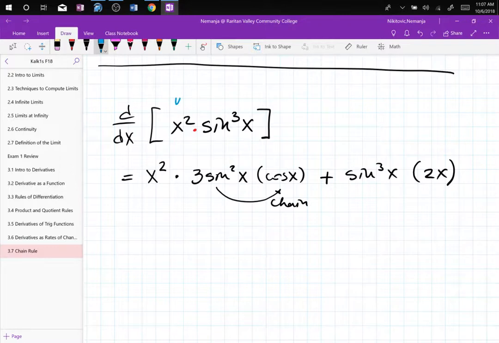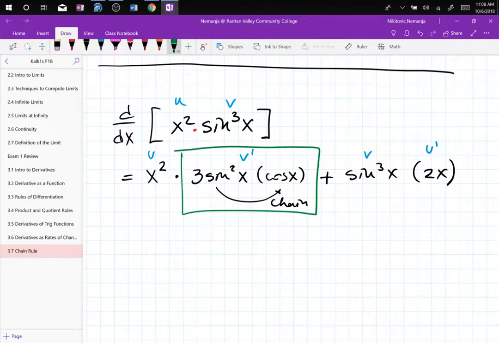I'm going to label now this u, v prime plus v, u prime. Now, if you are not certain because you just learned how to deal with the chain part, you can do that on the side and then bring it back into the problem.